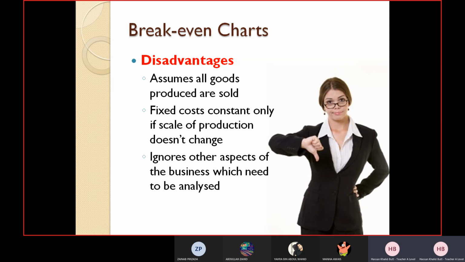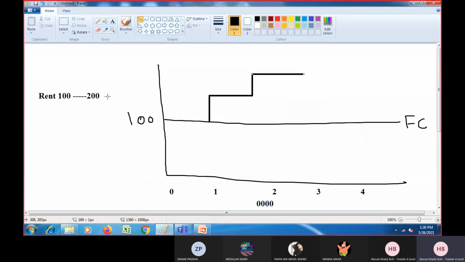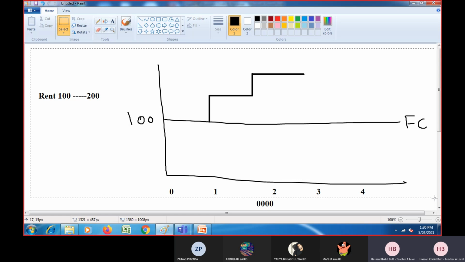Like I told you, if there are two options, again I'll give you the example with the diagram. Let me remove all this.